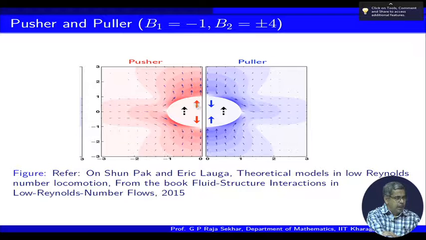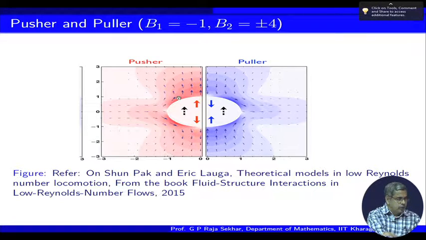Now, the combined case is plotted. This is swimming where B1 is -1 and B2 is plus or minus 4. So, here it is negative and here it is positive. Correspondingly you will see here a pusher. This is the swimming direction, that means in both cases it is swimming, but there is a big difference.